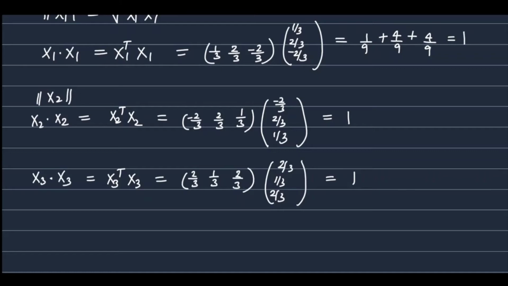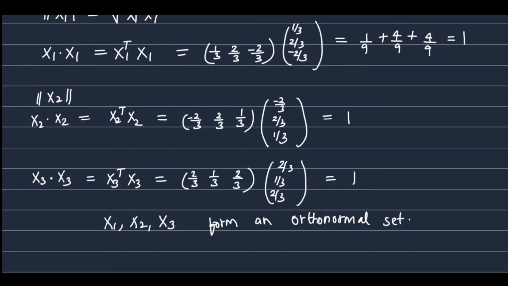So each vector is orthogonal. The vectors are orthogonal among themselves, and their norm is 1. So we see that x1, x2, x3 form an orthonormal set.